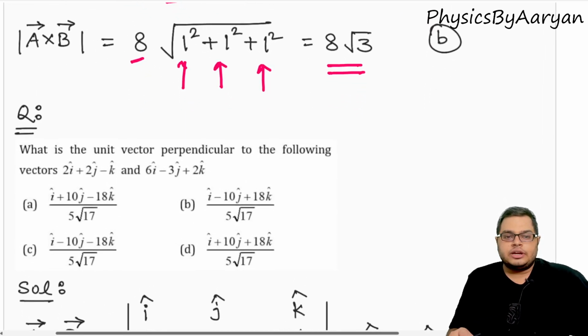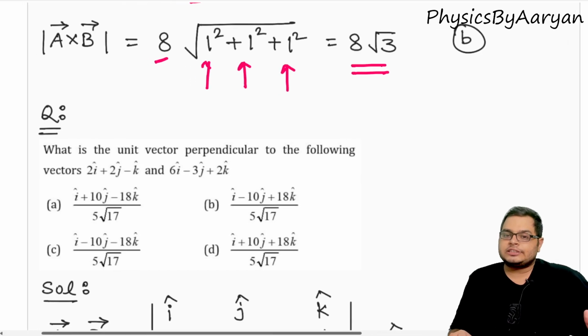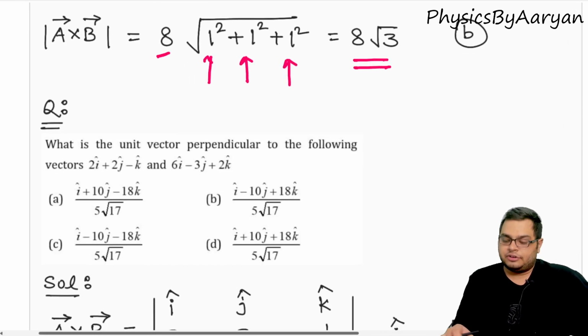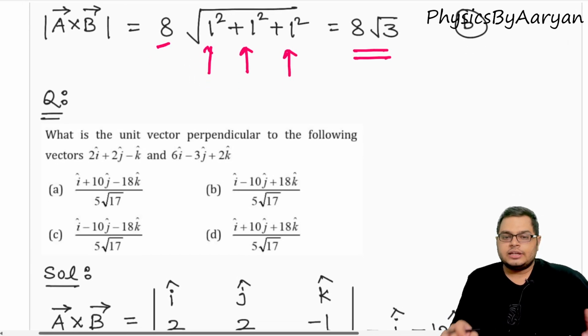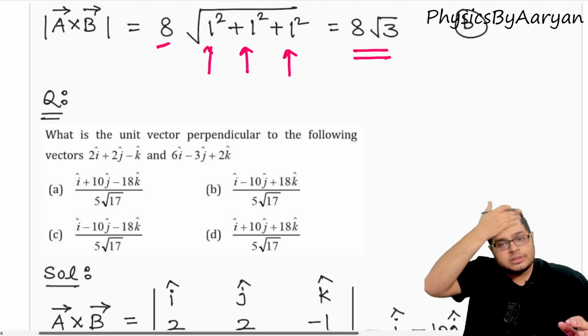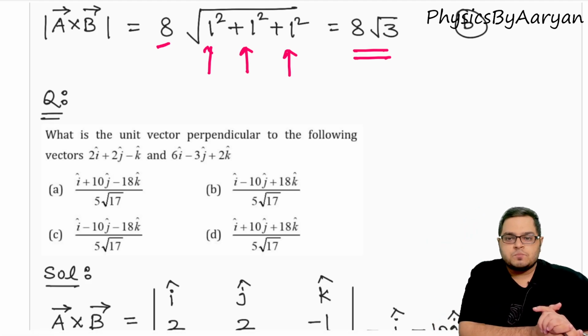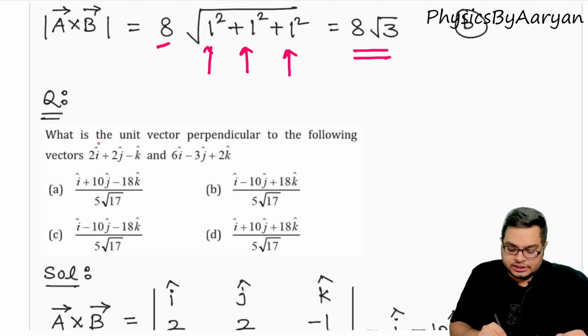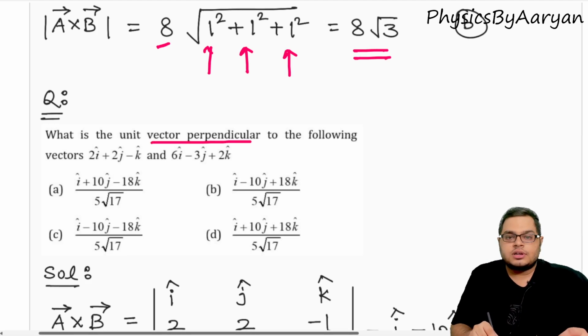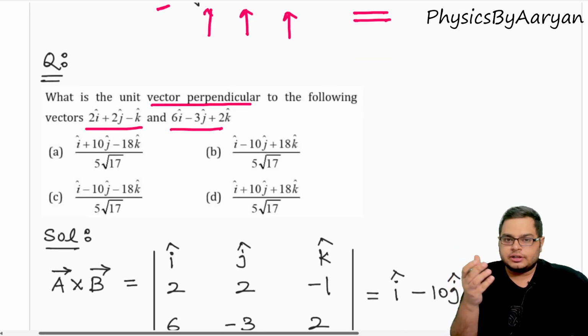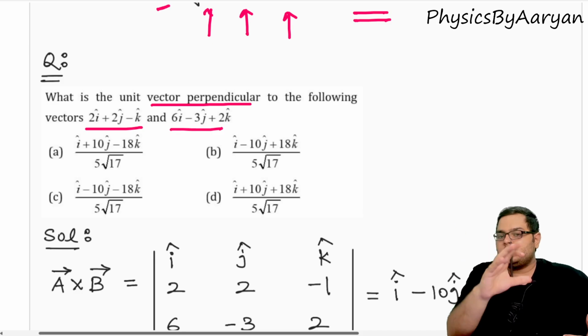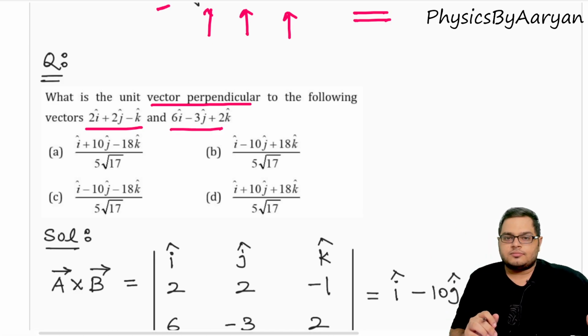Another question which is very interesting, and this question is basically asking you to do a cross product but in a very different way. They're asking you to do the cross product, but the way of asking has been changed a little bit. What they are asking is: what is the unit vector which is perpendicular to this vector and this vector? So you have to find a unit vector which is perpendicular to both of these.